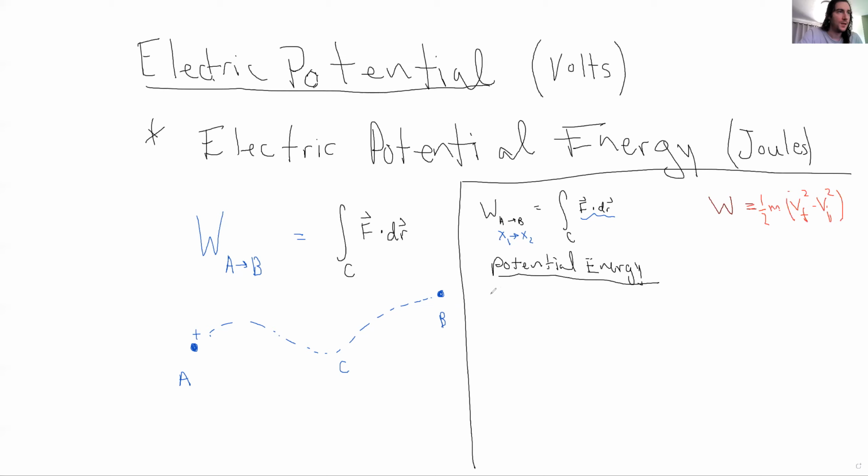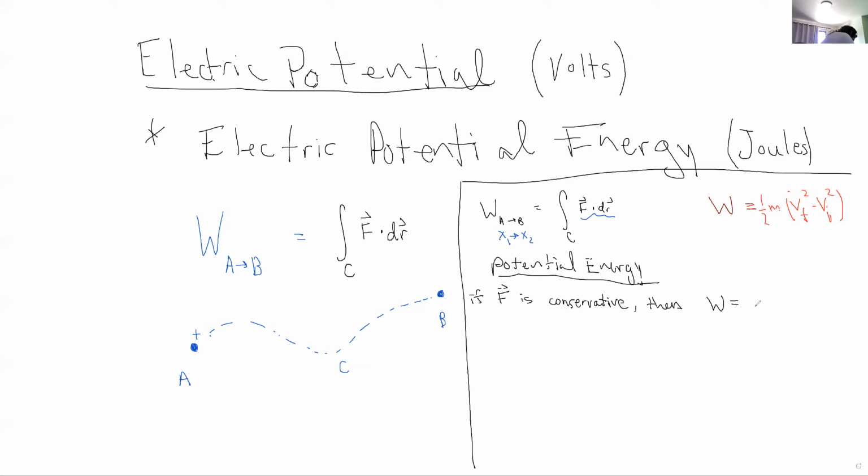So, defining potential energy, if F is conservative, then we say that the work is equal to, and there may be a minus sign here.